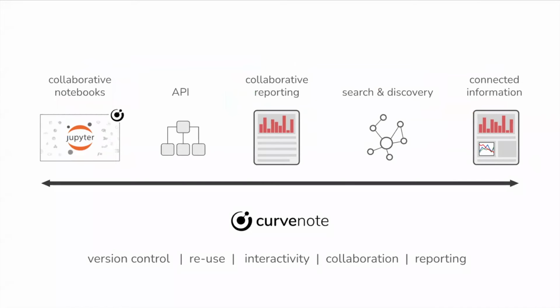And how we're doing that is we have a collaborative notebook plugin. Inside of your data science environment, often there's a lot of infrastructure in place to make sure that it's connected to the correct data sources and is secure.